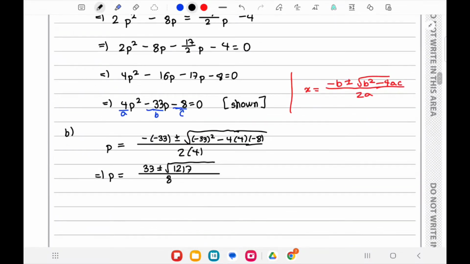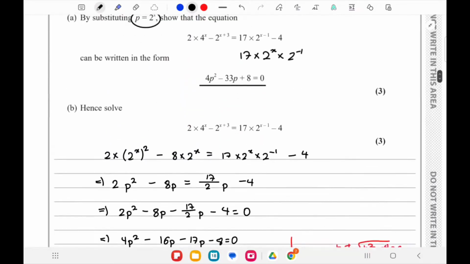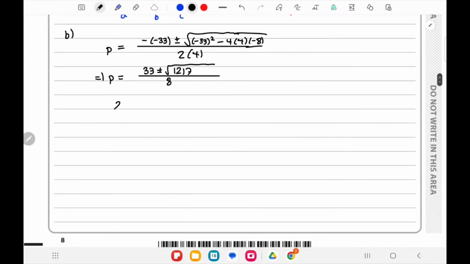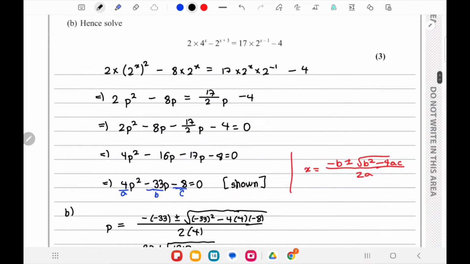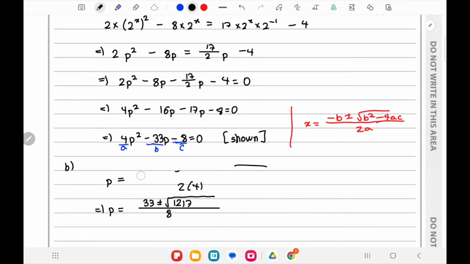You can keep it in this form and just write 2 to the power x equals, we cannot take both solutions. I made a silly mistake over there. I forgot to flip this sign as well when switching sides. So this will be plus 4 and this will be plus 8.